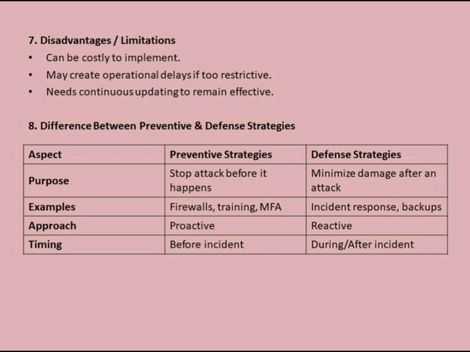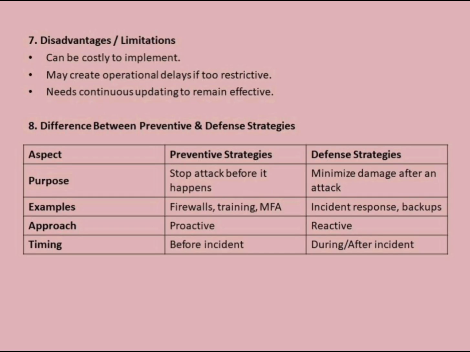Secondly, strict security measures may create operational delays. For example, requiring multi-factor authentication or thorough access approvals can slow down routine tasks, causing frustration among employees if not balanced properly. Similarly, network segmentation or extensive monitoring can impact system performance or complicate workflows.